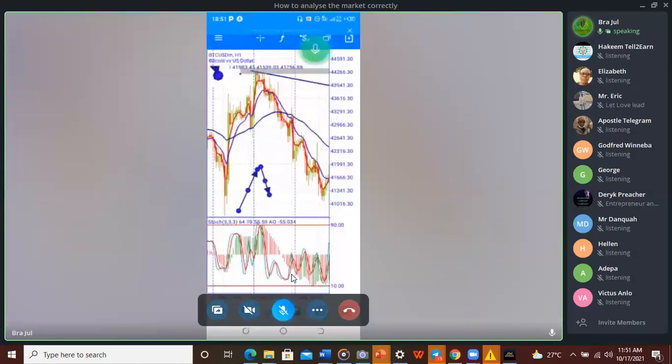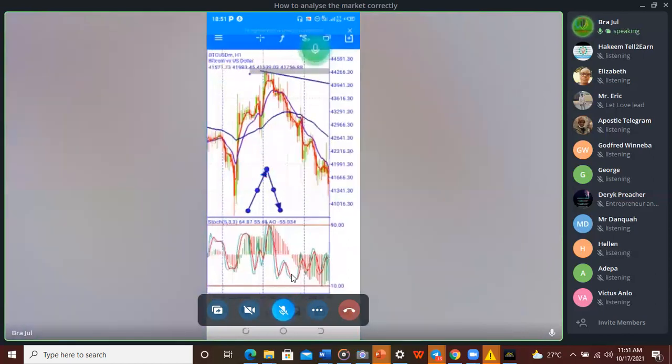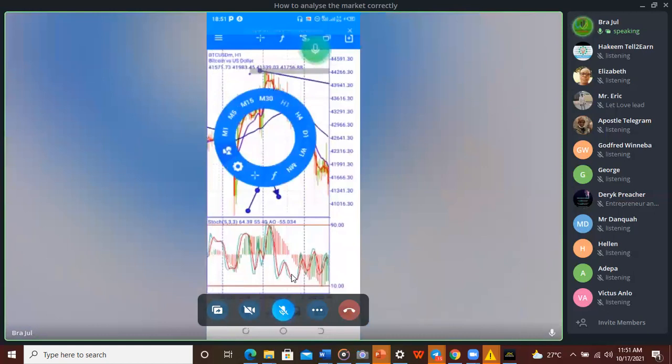The point at which it got resisted here is what we call the higher high. The point it has reached here now is what we call the higher low. So it will continue again and move to the upper side.